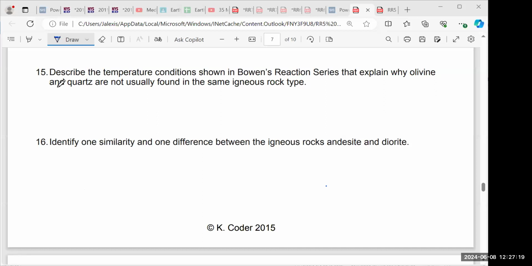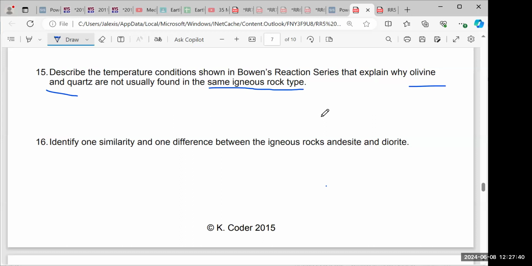All right, number 15. So number 15 says, describe the temperature conditions shown in Bowen's reaction series that explain why olivine and quartz are not usually found in the same igneous rock type. All right.